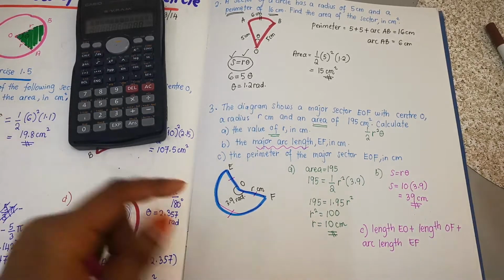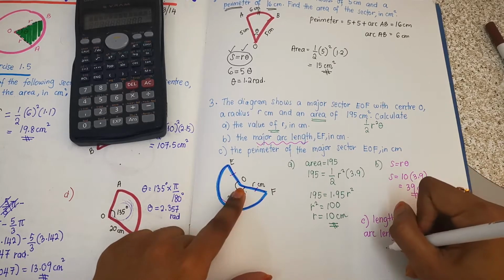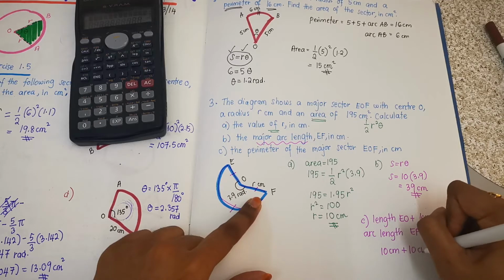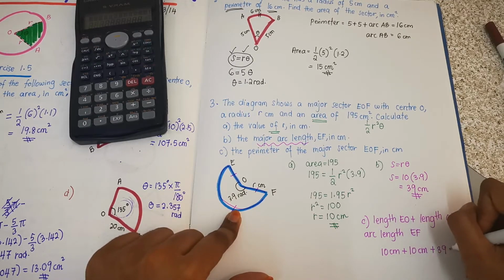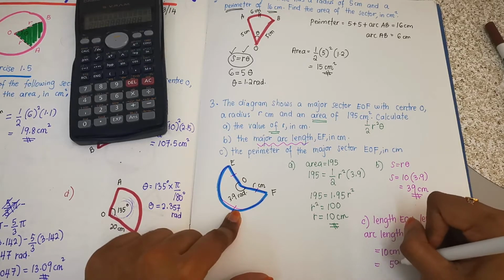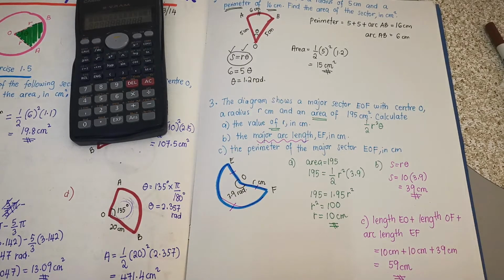So you understand from where teacher is taking the measurement from. So EO is 10 cm, OF is 10 cm, then here the arc length is 39 cm. So here 20 plus 39, 59 centimeter. So the perimeter is 59.